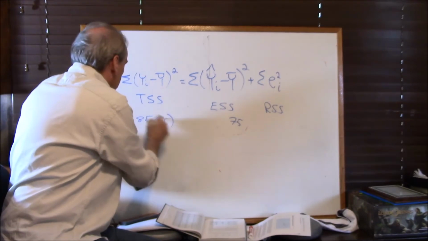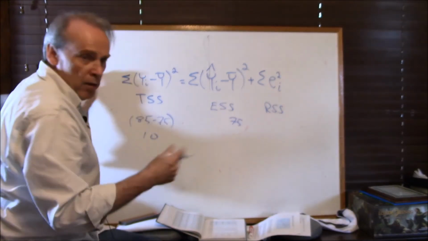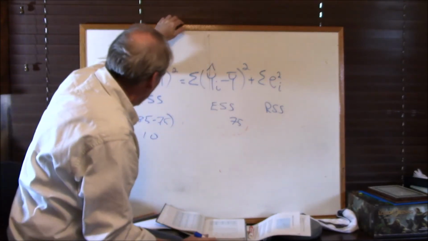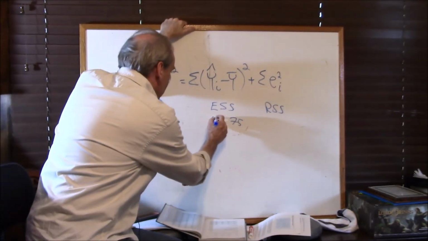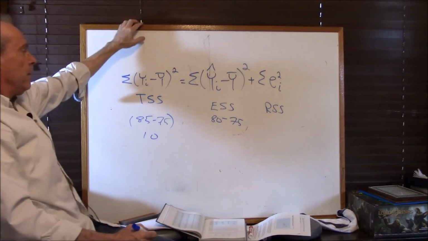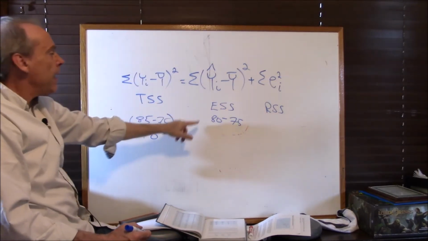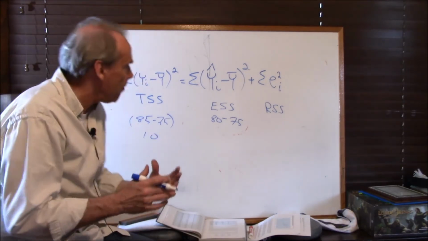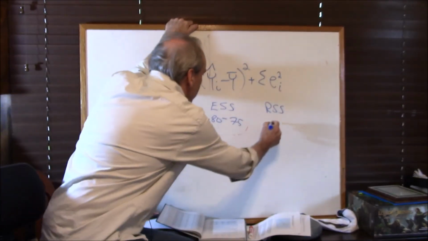So that's 10. And I know we squared and so forth, but I'm just trying to give you an intuitive feel for what we're doing here. Your regression equation, however, predicted he'd get an 80. So you explained some. You at least explained he was going to get a better than average grade, right? But really 5 of it was still unexplained.